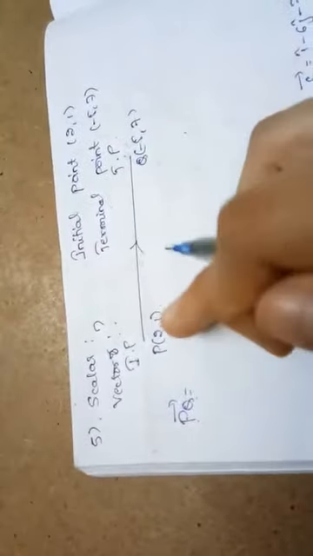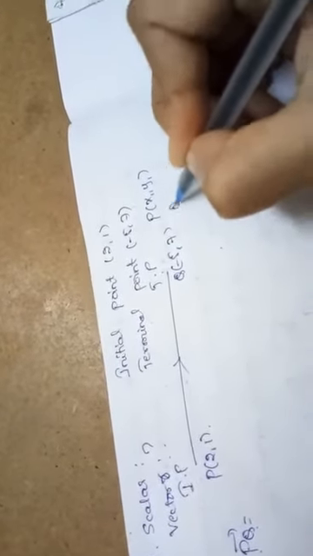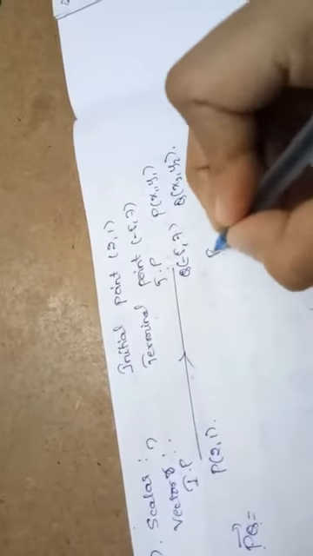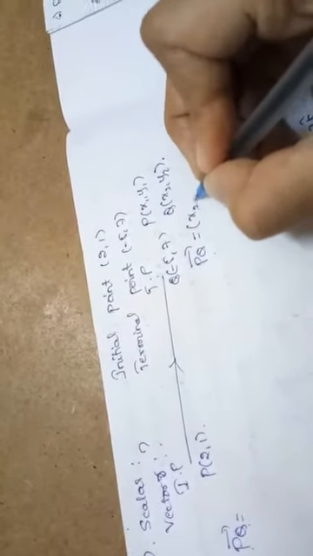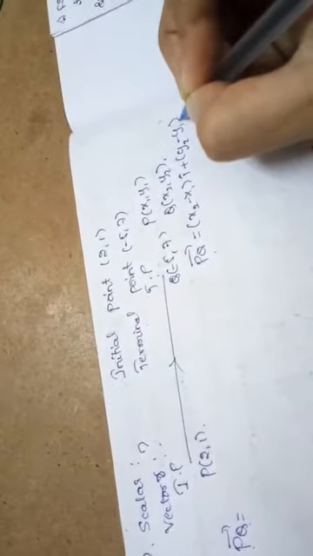We have already come across the formula for when two points are given. Suppose P is (x1, y1) and Q is (x2, y2). How do we find vector PQ? It is x2 minus x1 i cap plus y2 minus y1 j cap.